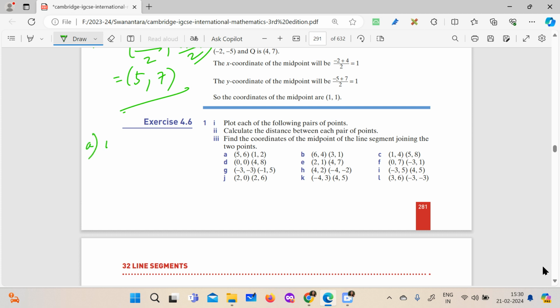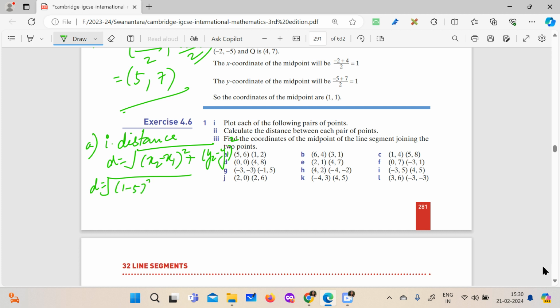First we will calculate the distance. If you remember, just now I said distance is x2 minus x1 whole square plus y2 minus y1 whole square. So the distance will become 1 minus 5 whole square plus 2 minus 6 whole square.